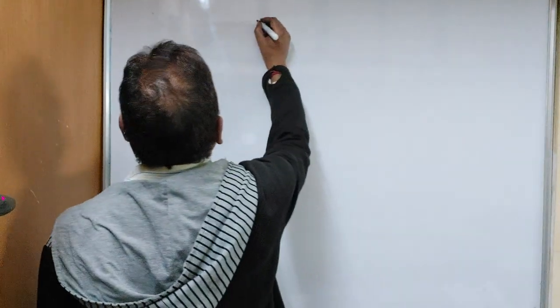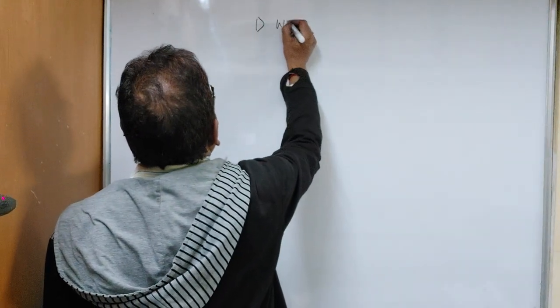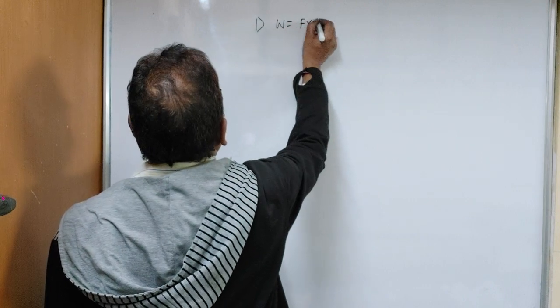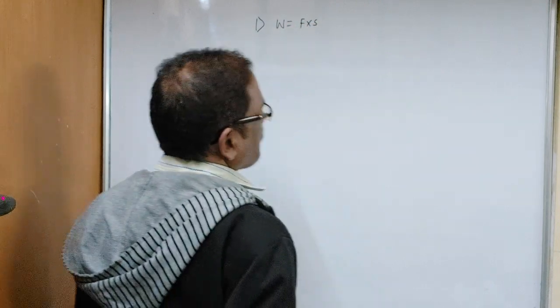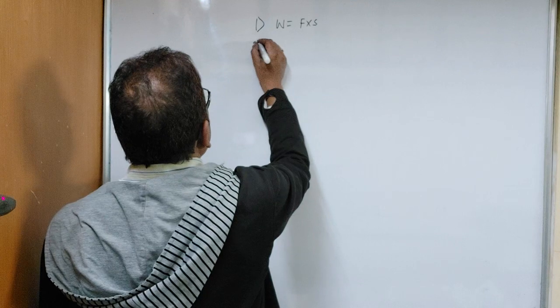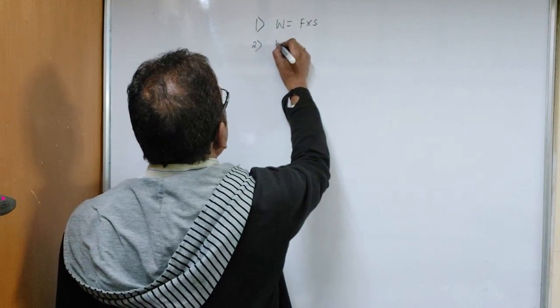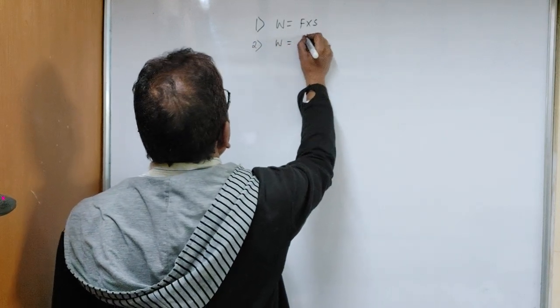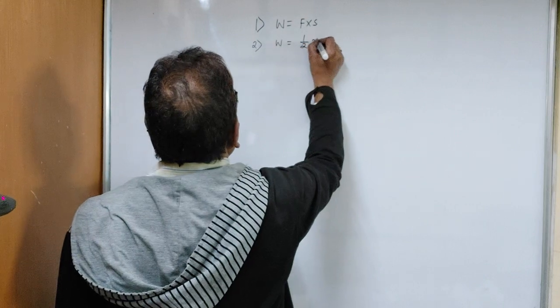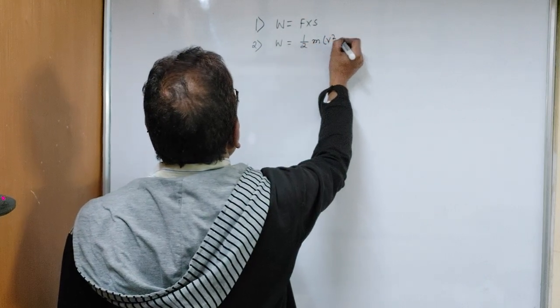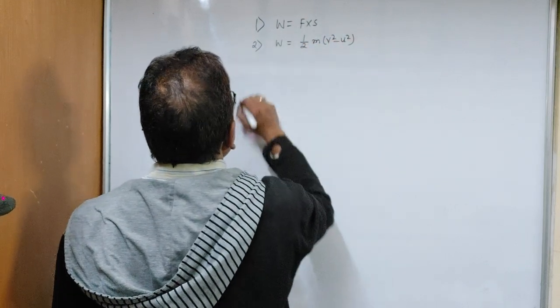And a quick revision of these formulas. First, we have derived work done is equal to force into displacement. Then second formula which we have derived, that work done is equal to half m into v square minus u square.